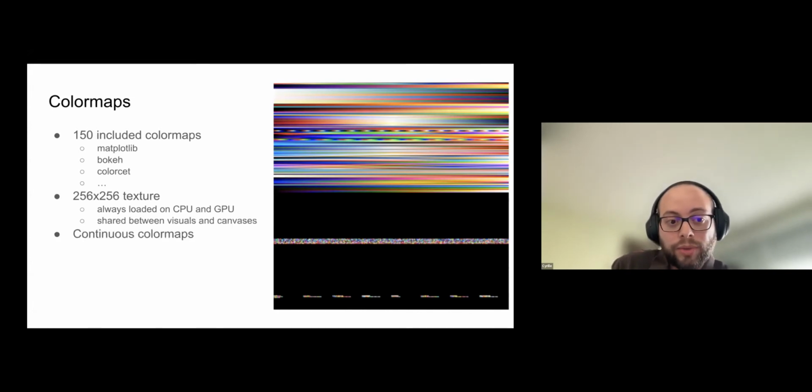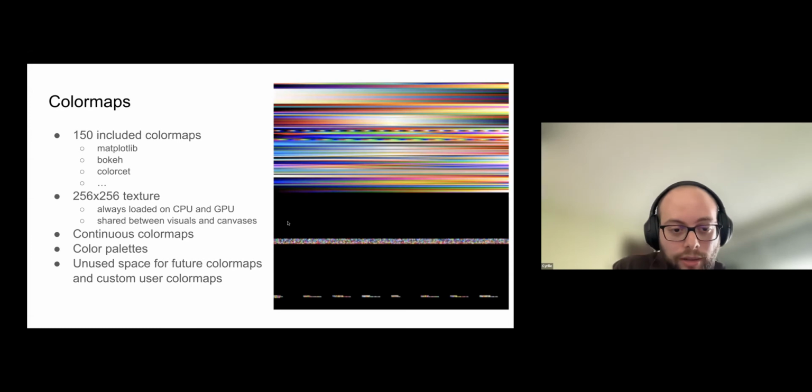It's convenient because you can have just one texture on the GPU and share it among all of the visuals, all of the windows in your application, and it does not take a lot of space, and you can quickly fetch colors from this texture. There are continuous color maps, color palettes. There is also some unused space for future color maps.